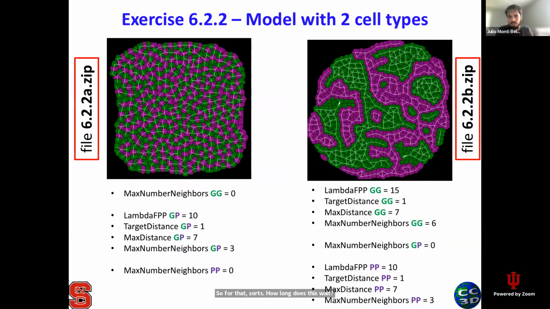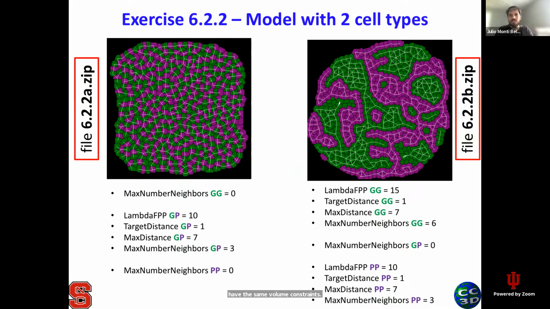So this just goes to show you that when you're dealing with multiple cell types, you can still use the links and you can manipulate those links and the properties of those links to get different kinds of patterns. In those two simulations, we didn't change anything else. All the cells have the same volume constraints, the same contact energies.